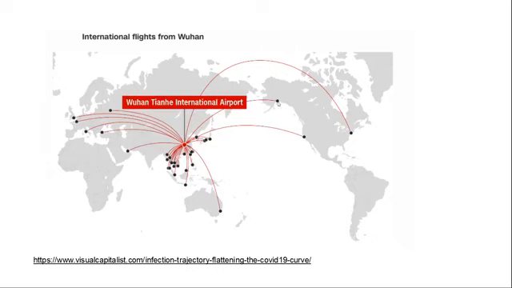That includes the United States, even Europe, and Indonesia, Thailand, all these countries. It's quite surprising that countries in the Middle East or countries in Southeast Asia like India, Nepal didn't have direct connection with Wuhan. So I think that's the reason they didn't have cases of COVID-19 upfront.